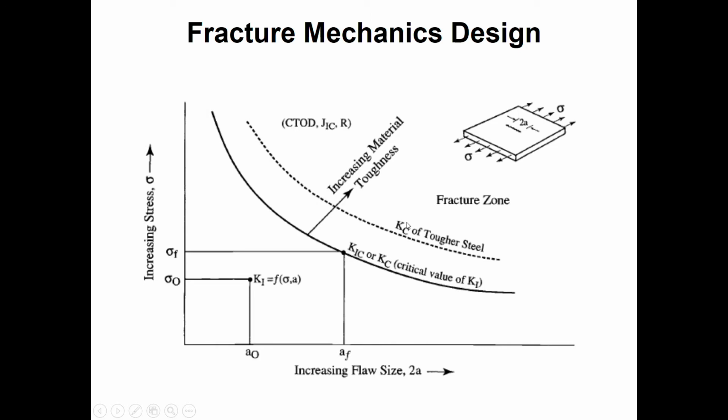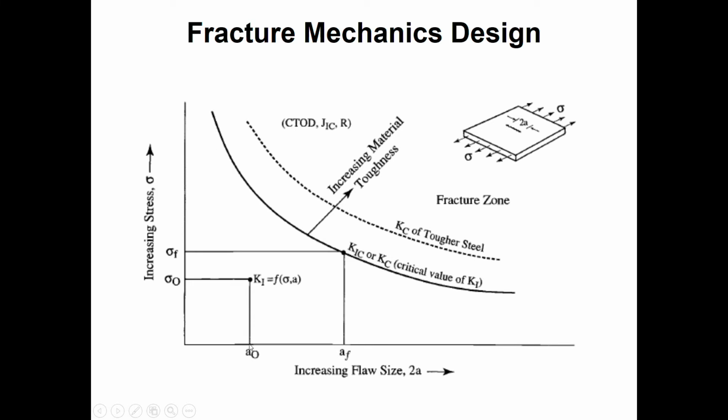Okay, this is a plot of the nominal stress. Once you increase the stress, you will check how much the increasing flaw size will affect this stress. So, for example, if I take the K1C or Kc critical value for one type of material, let's say this is the plot.